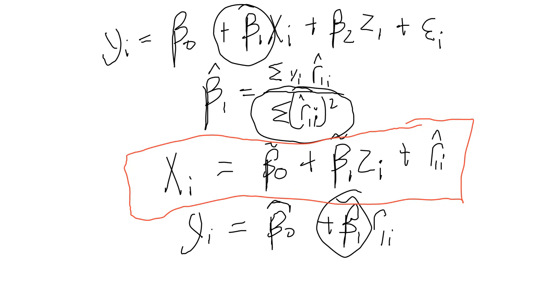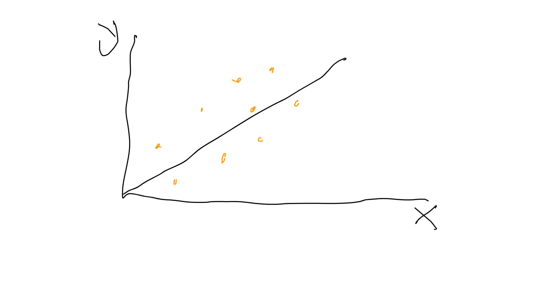All right, so if you remember what residuals are in a bivariate regression, if we regress y on x, we draw the line, we have our scatter plot around it. Residuals are the distance between each data point and the regression line.